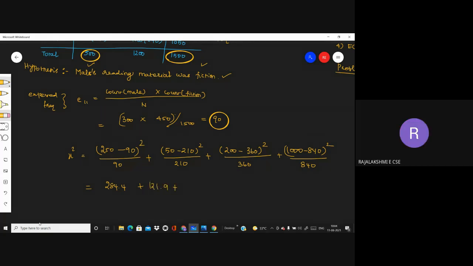Come on, what is this answer? 200 minus 360, the whole square divided by 360. 71.1. Next, 1000 minus 840, the whole square divided by 840. 30.47. Thank you. It is 30.47. Okay, what is the total value?